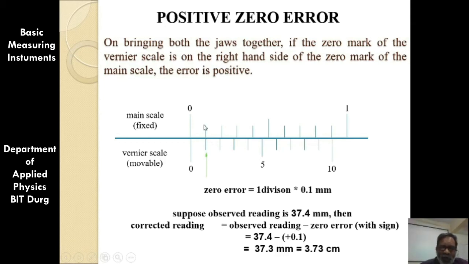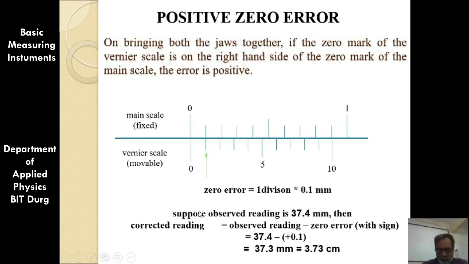Except one, all divisions are non-coincident with any division of the main scale. So obviously the first division, that is one division, is the amount of error. To convert this into a dimension of length, this one division must be multiplied by the least count. So one division multiplied by the least count 0.1 mm is equal to 0.1 mm. So there is an error of 0.1 mm.